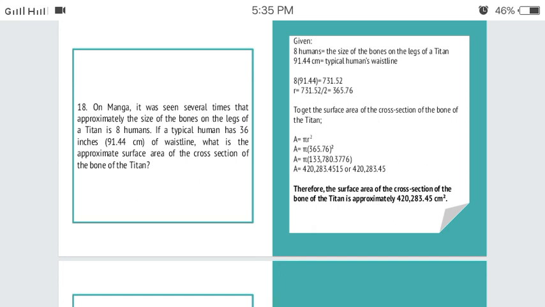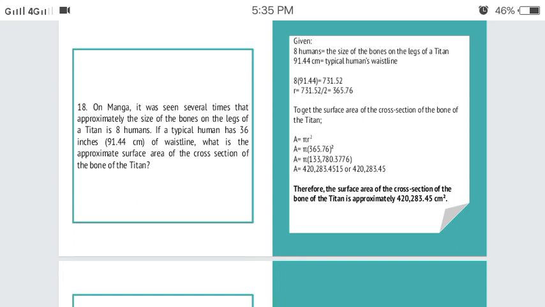18. On the manga, it was seen several times that approximately the size of the bones on the legs of the titan is 8 humans. If a typical human has a 36 inches, 91.44 centimeter waistline, what is the approximate surface area of the cross-section of the bone of the titan? So given 8 humans, the size of the bones on the legs of the titan, and 91.44 centimeters, the typical human's waistline, 8 times 91.44 is equal to 731.52. That is the diameter. To get the radius, we have to divide 731.52 by 2.